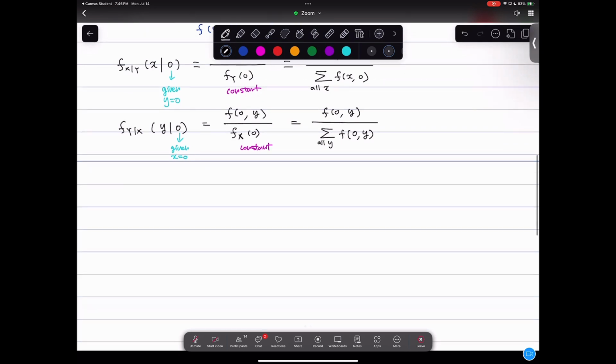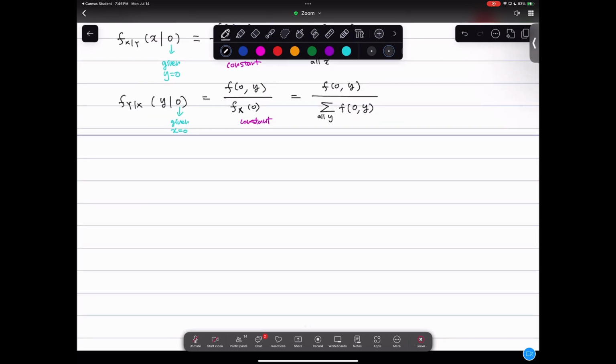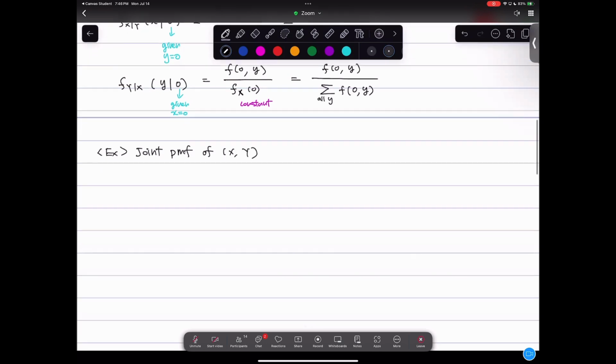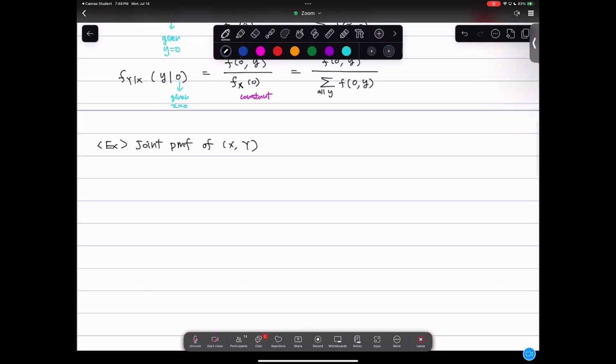So let me get the joint PMF case. Let's get the joint PMF of x and y. Let me get you the table. I have x values and y values. Your x's are either 0 or 1.